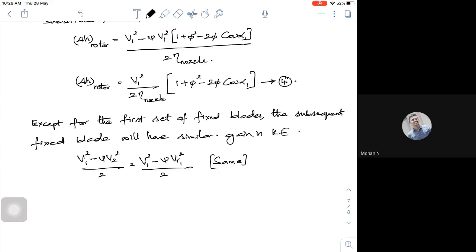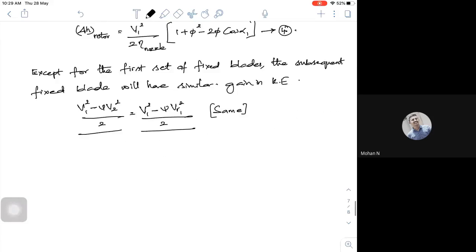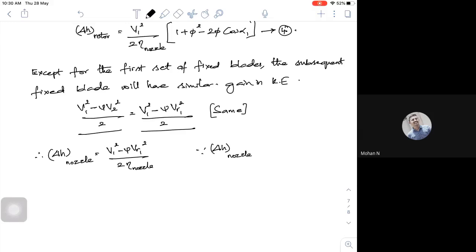So delta H for the nozzle will also be the same as the rotor, that is V1 square minus psi into VR1 square by 2 times nozzle efficiency, because delta H of nozzle is equal to delta H of rotor.